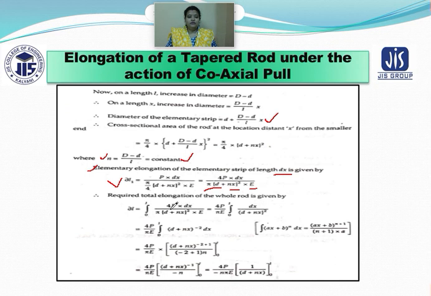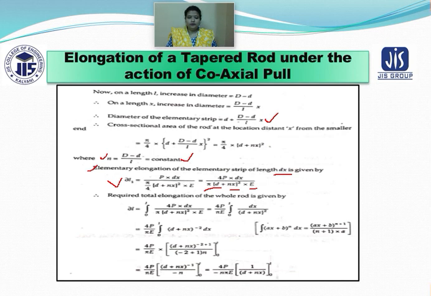That is 4P dx by pi into (d plus nx) whole square into E, integrated from 0 to L. And here you can see after integration you have got 4P by pi E, integrated from 0 to L for dx by (d plus nx) whole square.